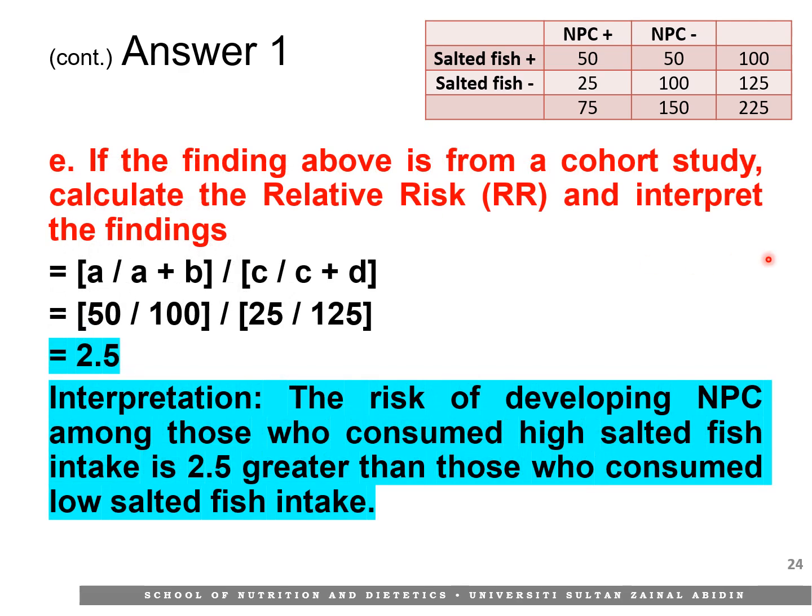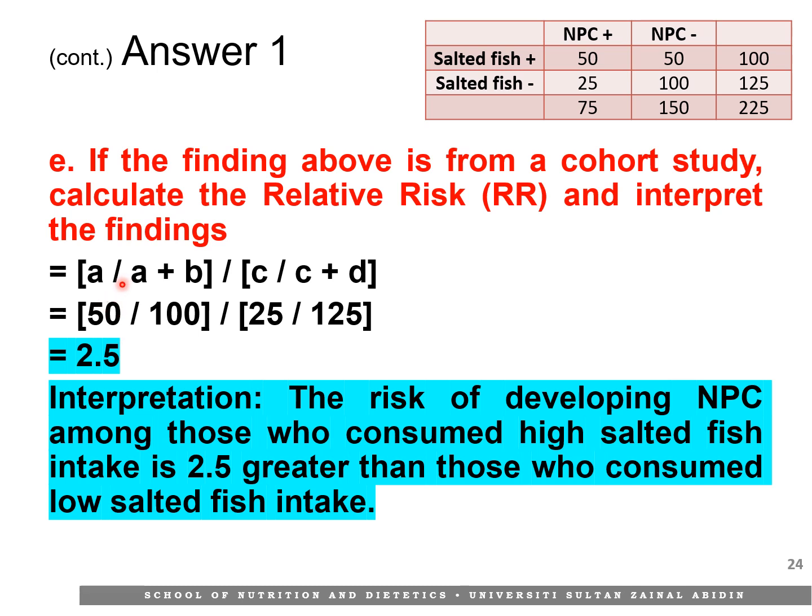And finally, the question asks us if the finding above is from a cohort study, we have to calculate the relative risk and interpret the findings. So we still use the same 2 by 2 contingency table we have developed earlier. And we replace the figures into the formula of relative risk.